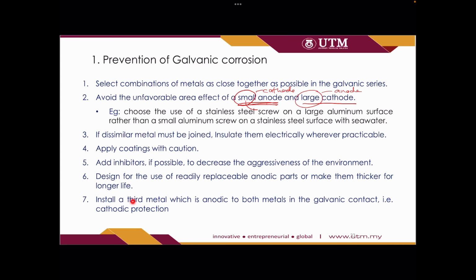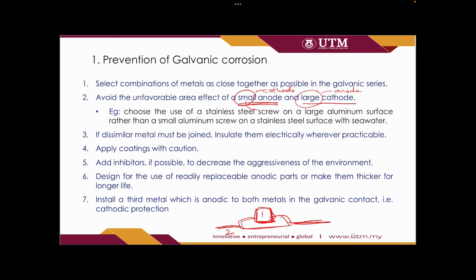Install a third metal which is anodic to both metals in galvanic contact, which is cathodic protection. Let's say you have metal 1 and metal 2.